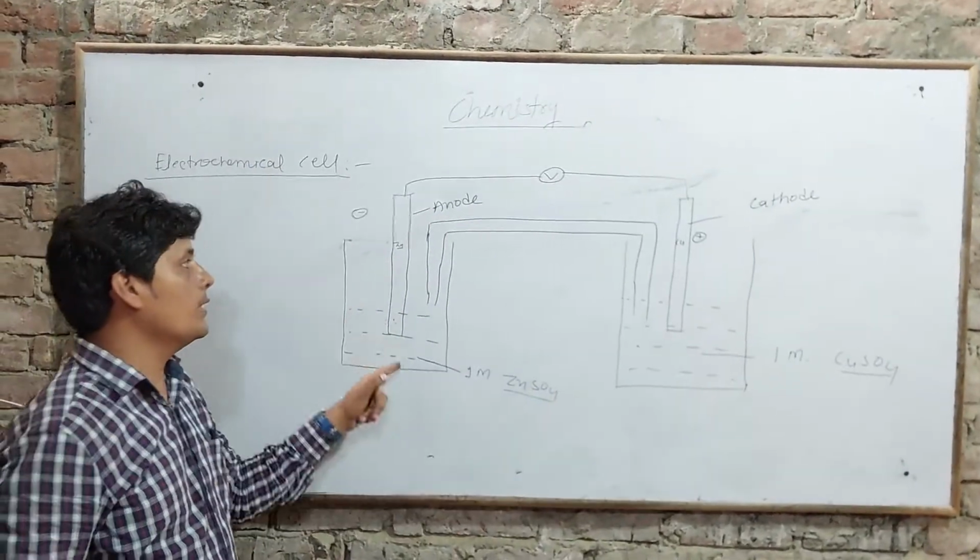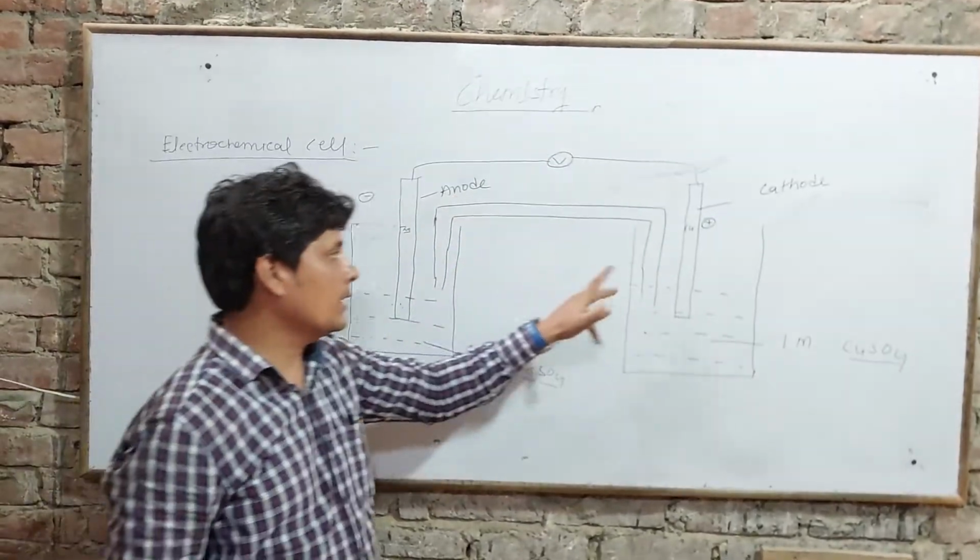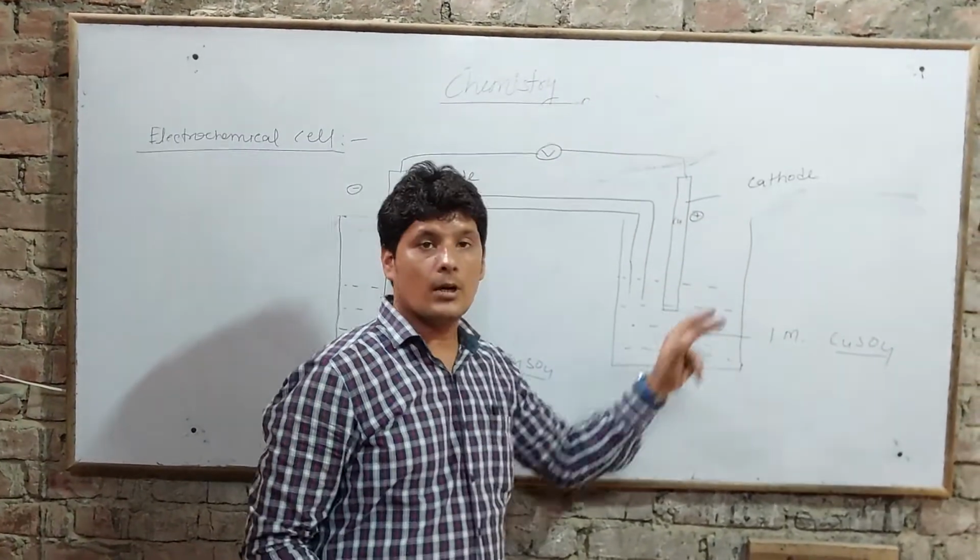The zinc rod makes the anodic half cell while the cathode is made up of copper.